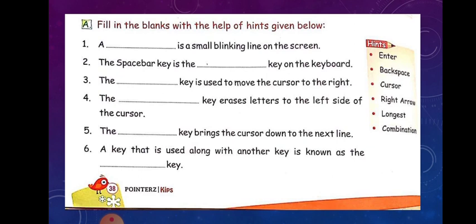Next, third point. The right arrow key is used to move the cursor to the right. The backspace key erases the letters to the left side of the cursor. Fifth point.